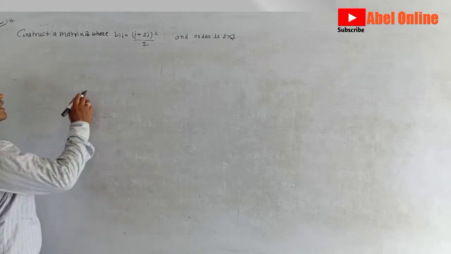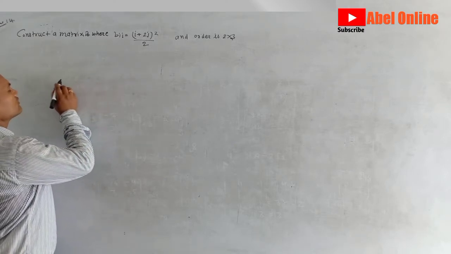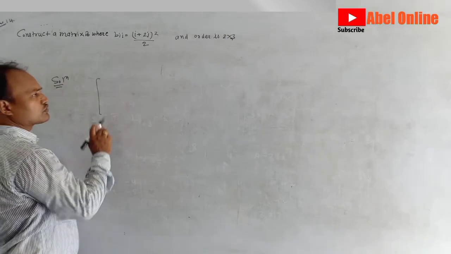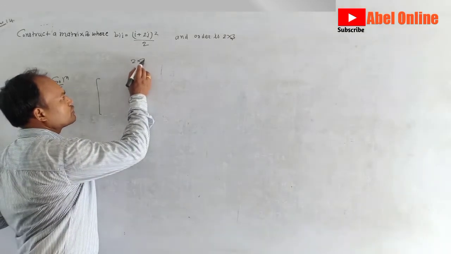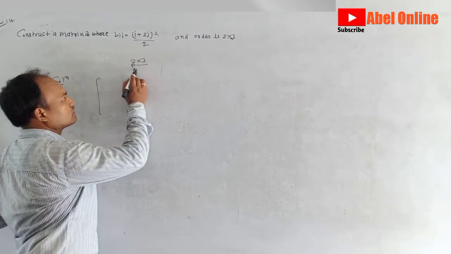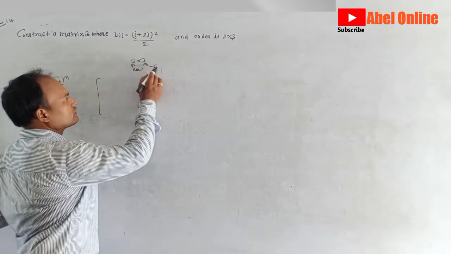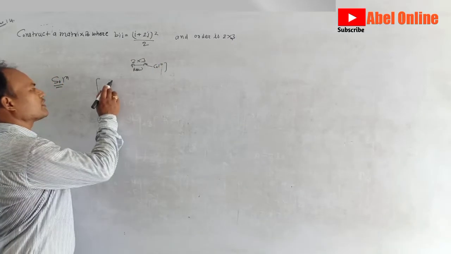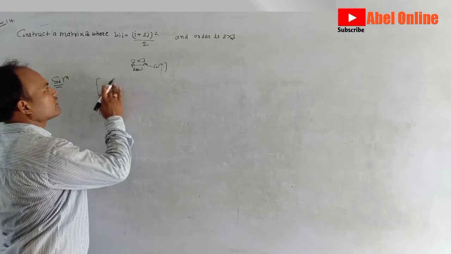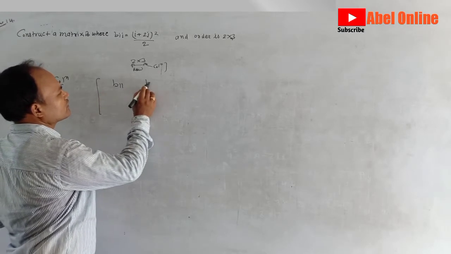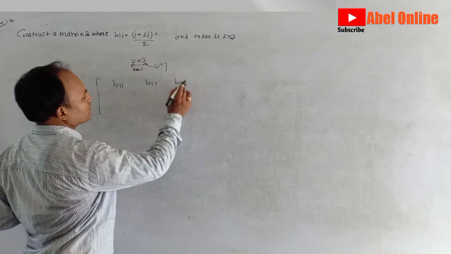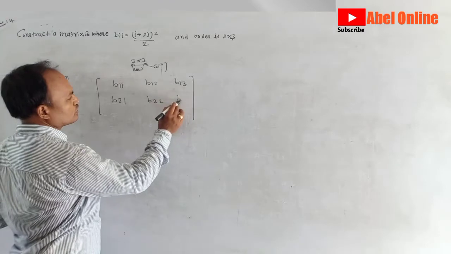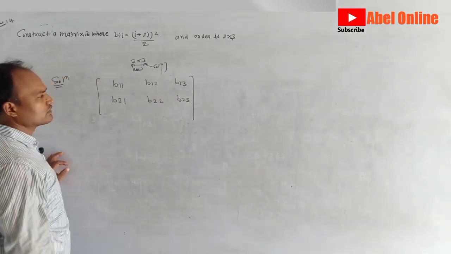First we create a matrix of 2 cross 3 order. When we say 2 cross 3, 2 is the rows and 3 is the columns. So we create the matrix with B11, B12, B13, B21, B22, B23.